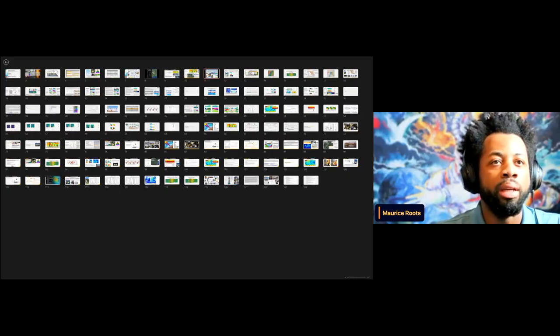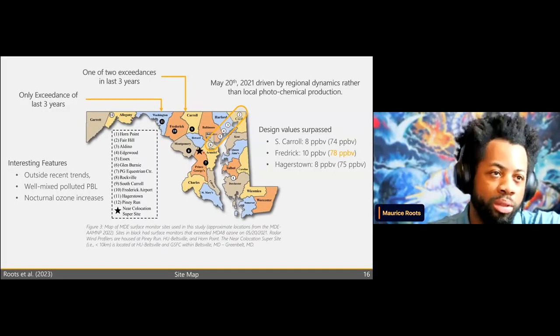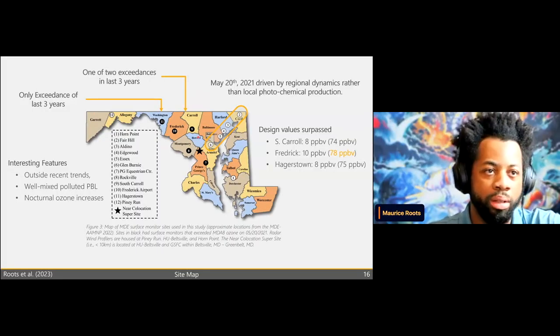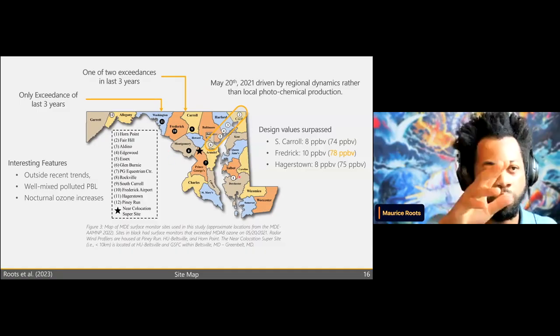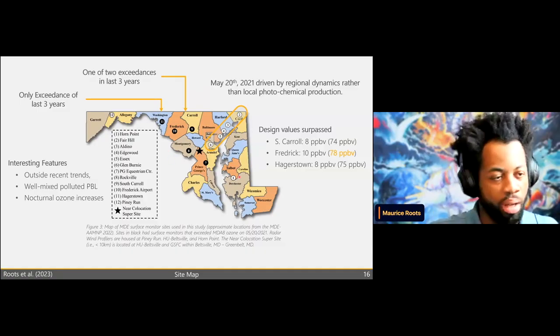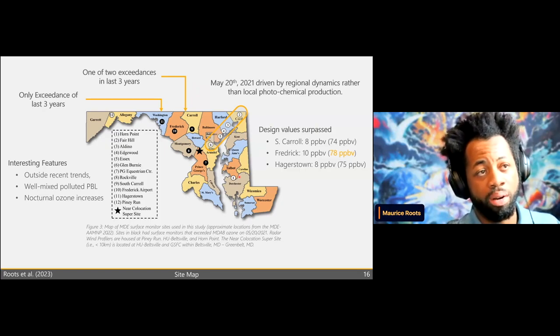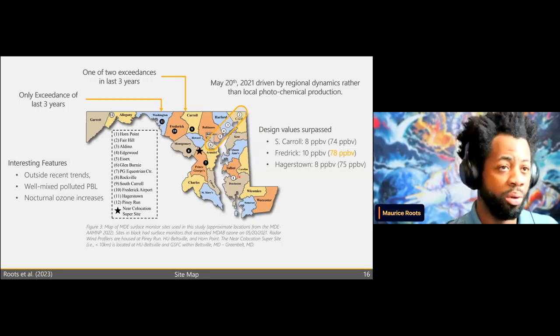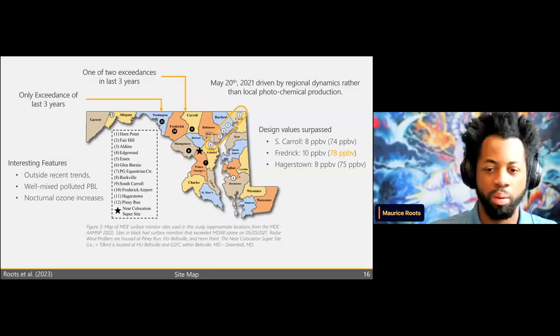One thing that I have to say is Maryland's doing a fantastic job with the density of this network. And I use this one. This is really just the ozone sites that are in Maryland, but there's also a whole bunch of others. There's a lot more sites that are specifically for meteorology.